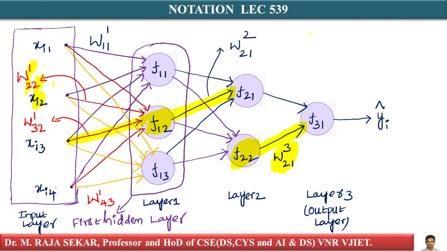So you have a number for each input, a number for each of these neuron functions, a number for each of the outputs, and you have the weights. It is just the notation introduction. Once you get the notation, then maths becomes easy. This is very important.